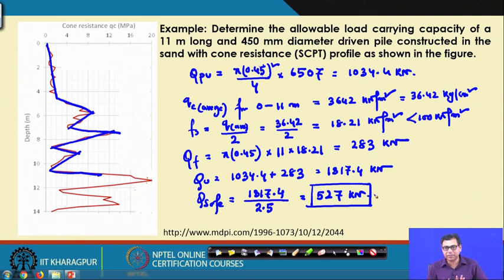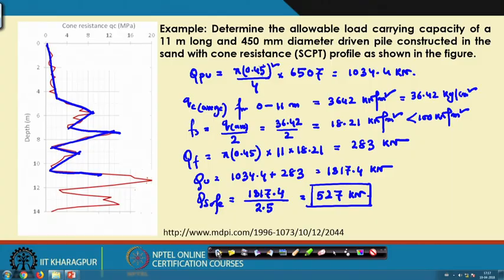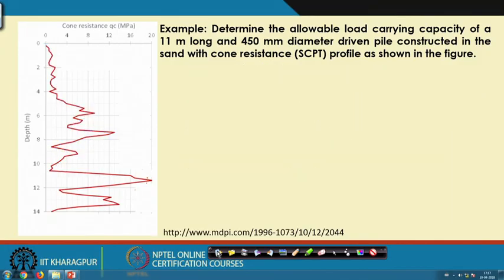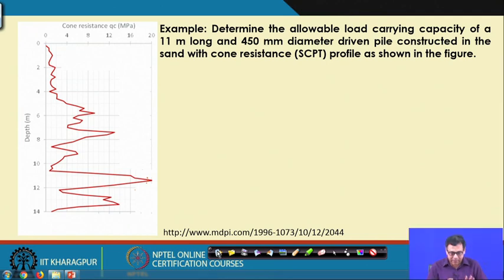Now, let me explain the next method, that is the IS code method. I will do the same thing, but here there is a slight difference.